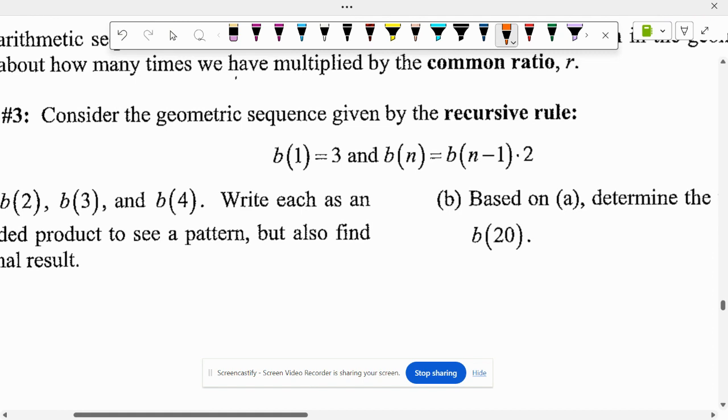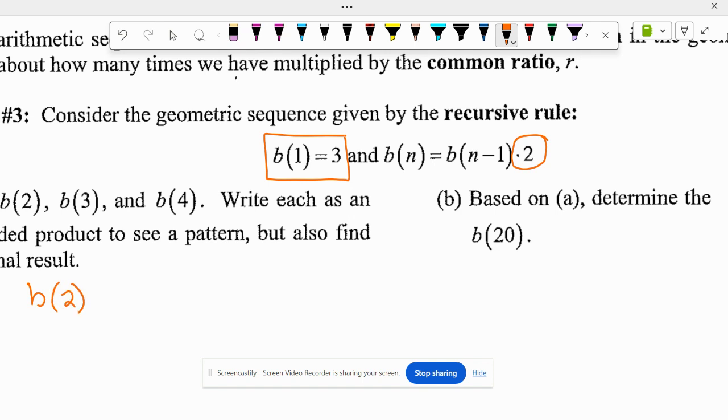Remember that the recursive rule always tells us the first term, and then it always is going to give us our common ratio or common difference. So it says, use your recursive rule to find the second term, the third term, and the fourth term.